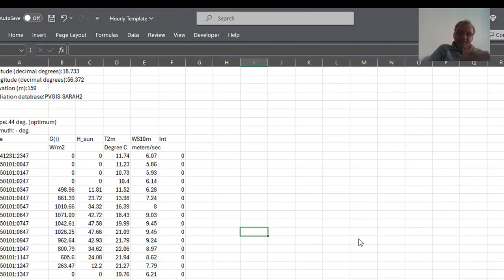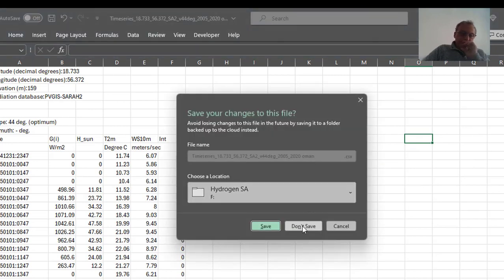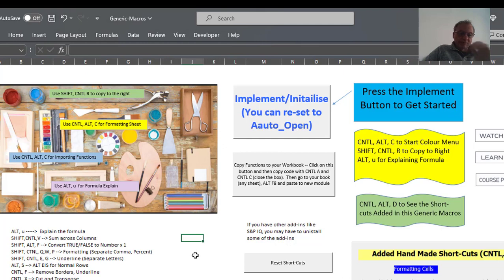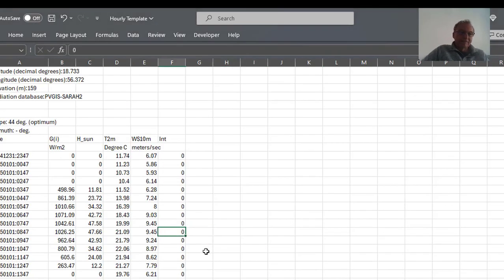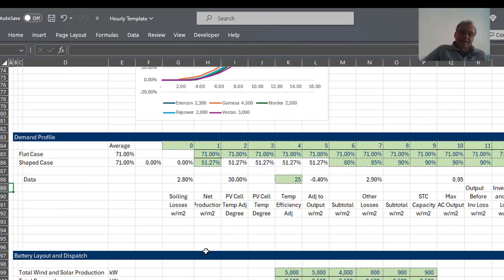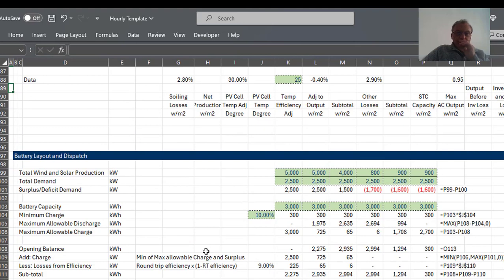Okay, and then we'll do this. And I hope I didn't even create a copy. Good. Oh no, I did. So we don't need this anymore. Okay, good. Now we have the generic macros open, and now we have this data, and we can just grab this data from this file and do our analysis.